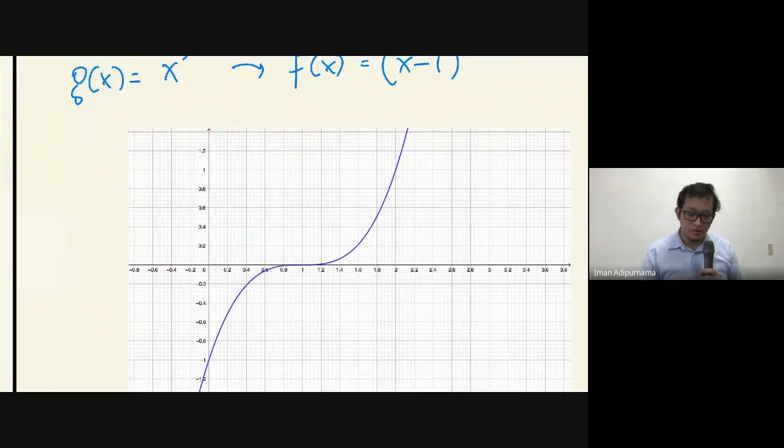From this 0 you are moving to this 1. When you see this graph, this part the gradient is positive, right? And after 1 the gradient is also positive, right? So there is no minimum or maximum, but still this one is our critical point.